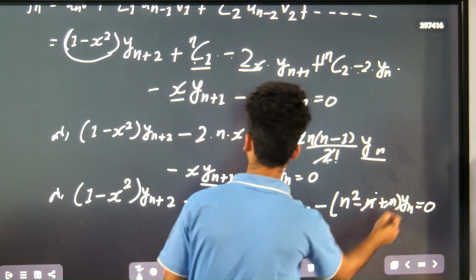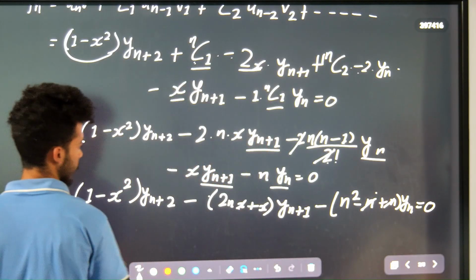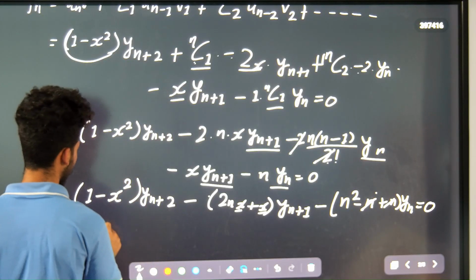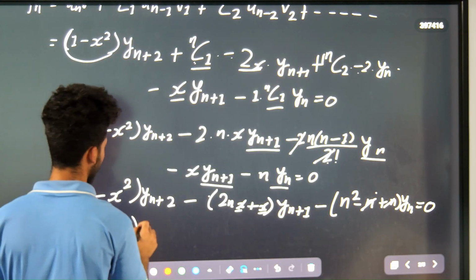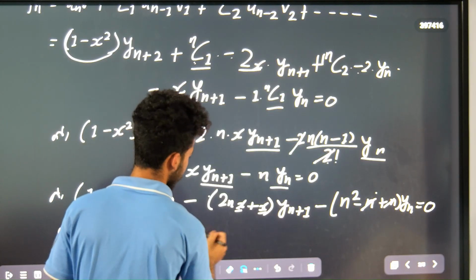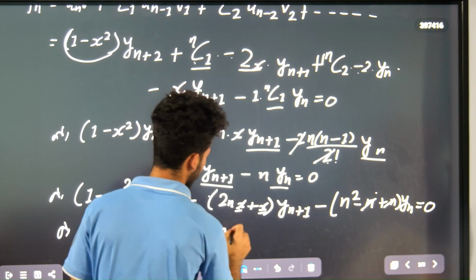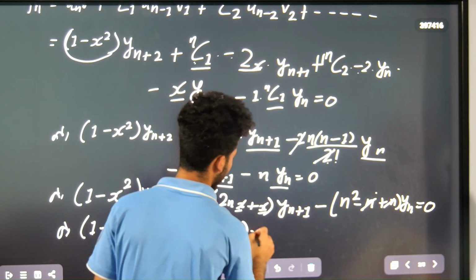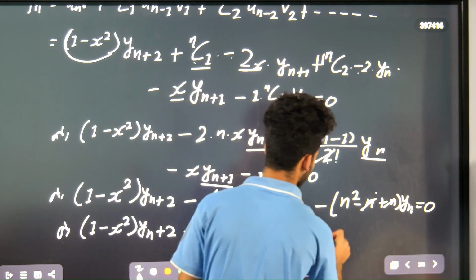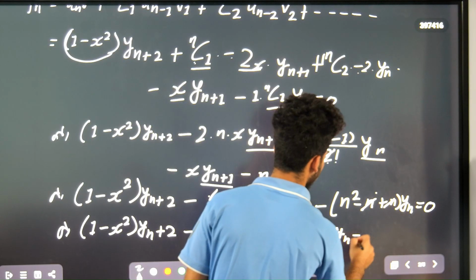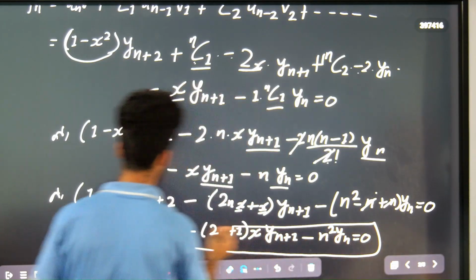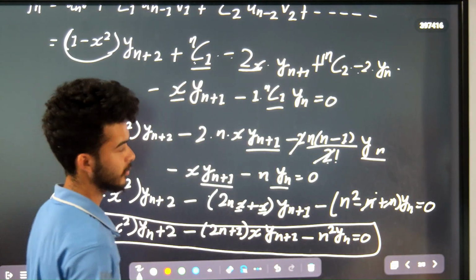This n cancels out, or we can simply take this x in common: 1 minus x square yn plus 2 minus 2n plus 1 common x yn plus 1 minus n square yn equals 0. This is our required answer which is asked in the question.